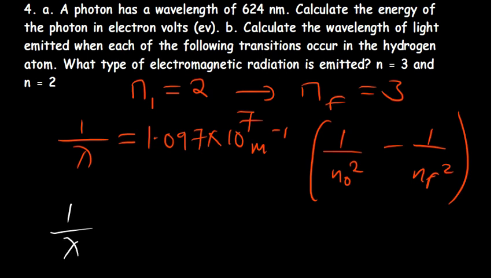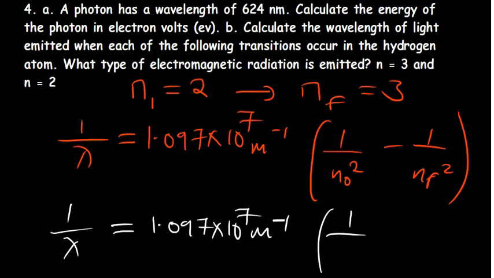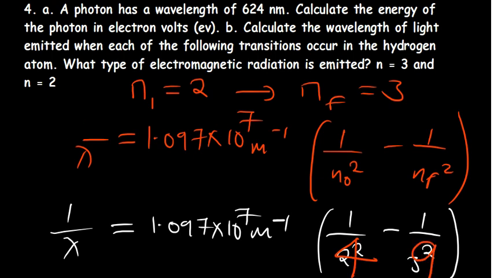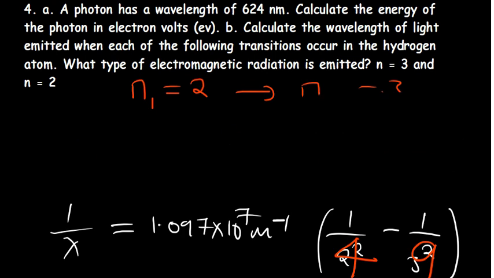So 1 over the wavelength is equal to 1.097 times 10 to the power 7 meters negative 1, and the initial we are taking to be 2, and the final we're taking to be 3. So 2 squared is 4, 3 squared is 9, so we can simplify that. 1 over 4 minus 1 over 9 is 5 over 36, multiplied by 1.097 times 10 to the power 7.